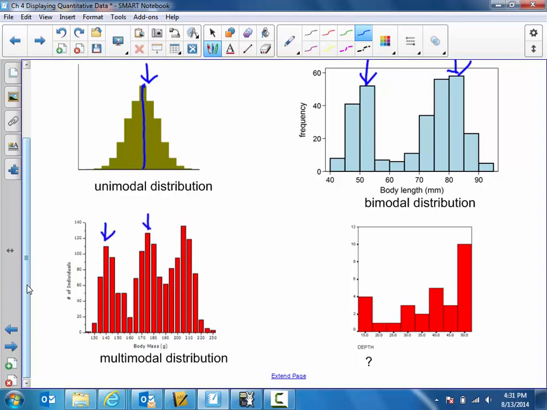You've got a multimodal distribution third, which has modes, it looks like here, here, and here. We just go beyond bimodal. If you've got 3 or more modes, you just say multimodal for all of those descriptions. But what you might notice, especially in the multimodal distribution here, is that we're not talking about where the peaks are on the whole graph, but just relative to the bins around it.